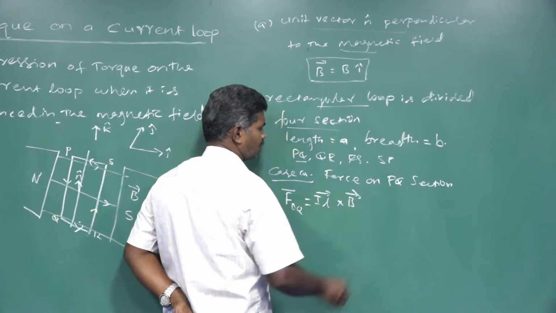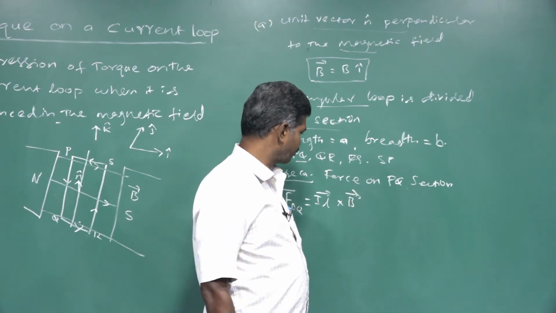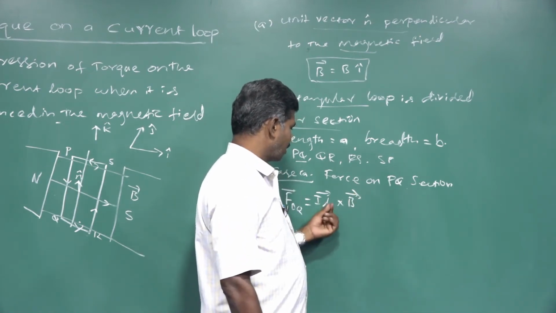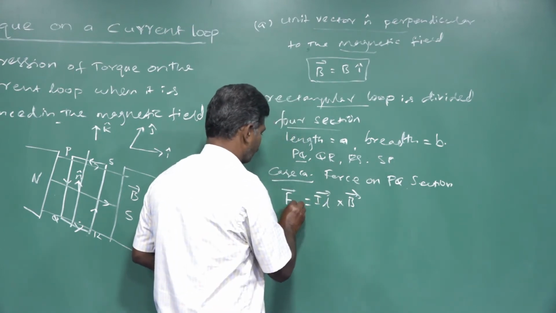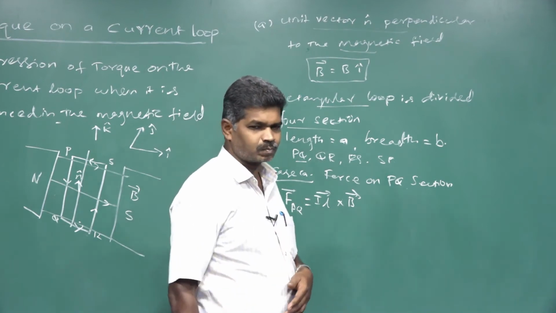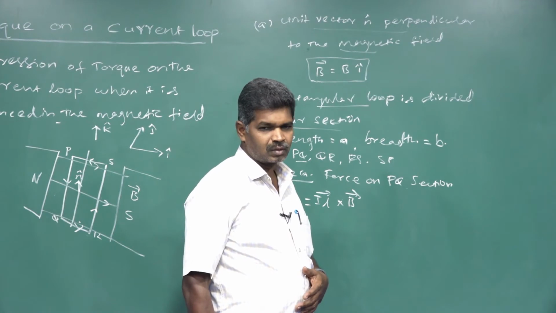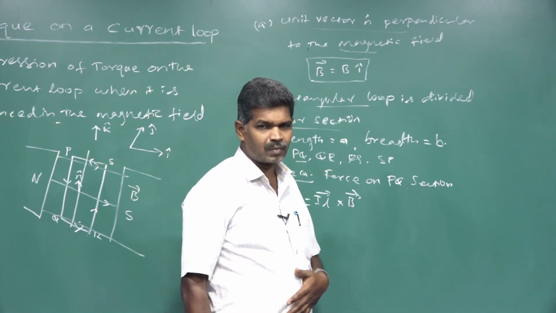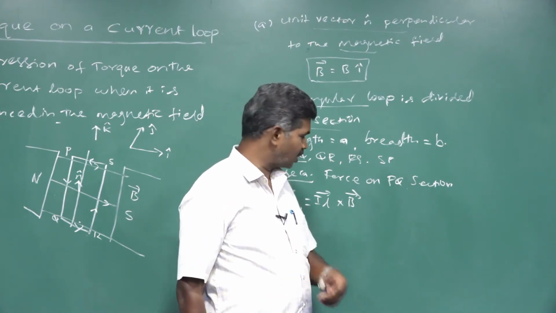We know that B vector is B into i cap. The length element vector for part PQ acts in the outward direction, which is the negative y-axis, y prime, nothing but minus j cap.